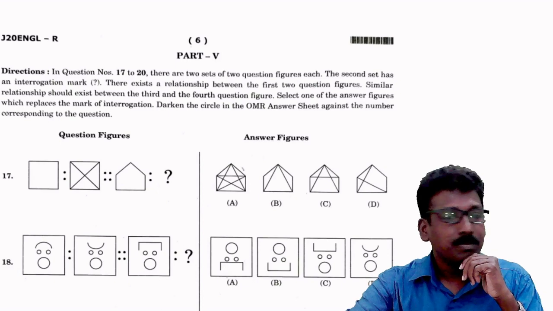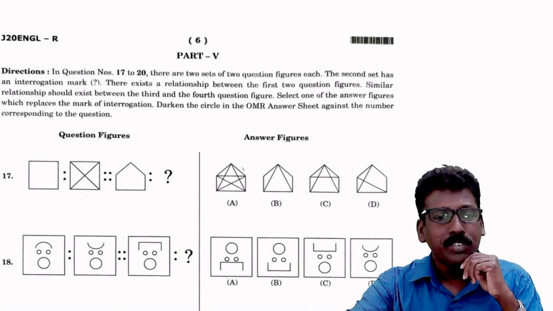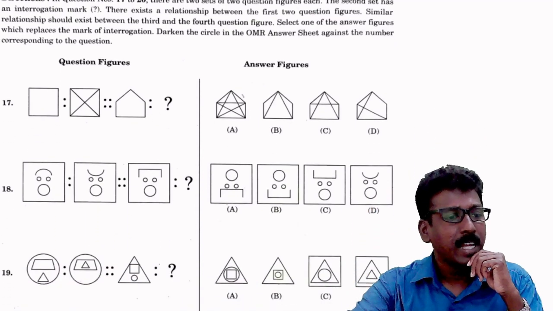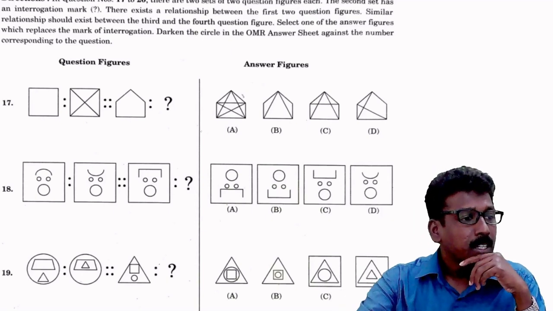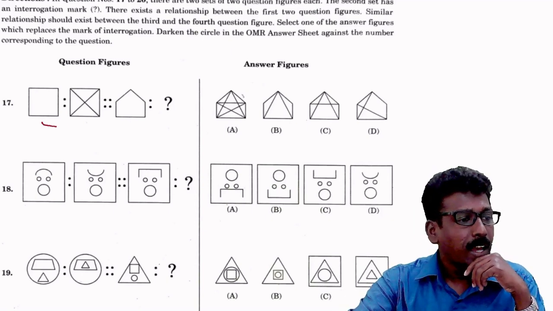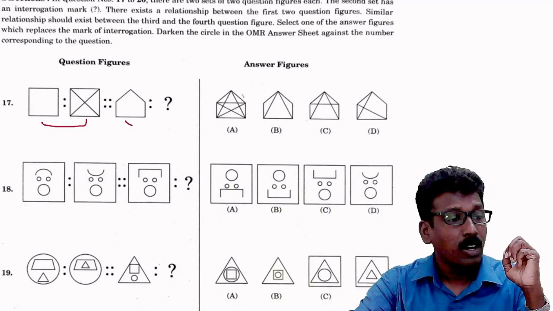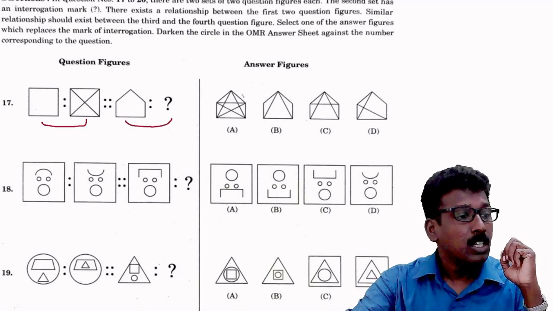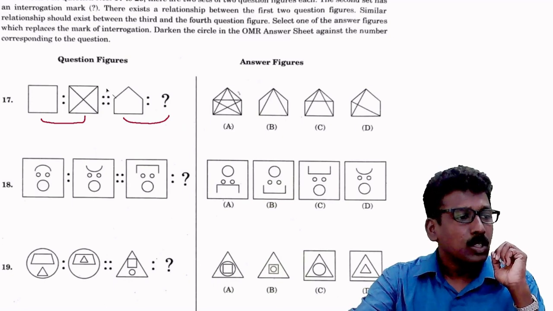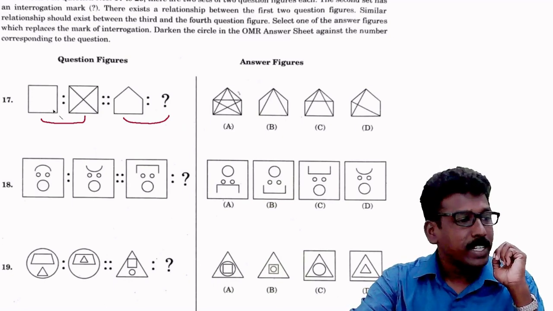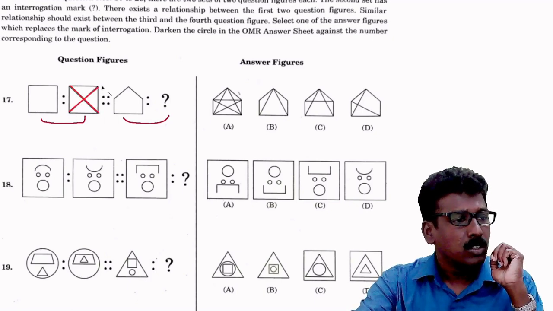Part 6. Here 3 figures are there in question and answer 4 figures. Here first two having some relation. The same relation you have to follow in this two. Look, now here a square is given and its diagonal also drawn.